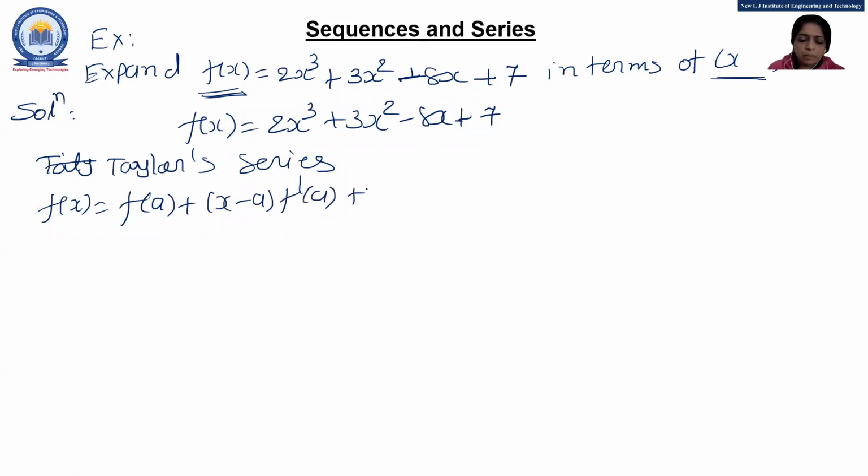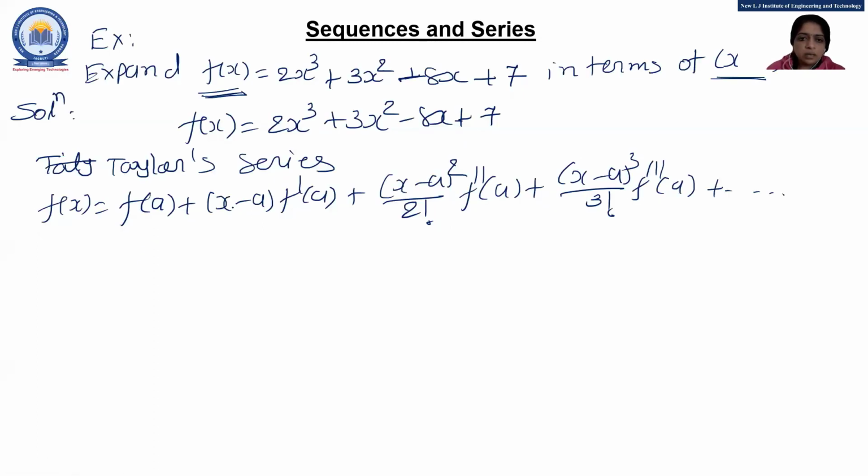Please keep in mind this formula, it is really very important. Plus x minus a whole square by 2 factorial f double dash a, plus x minus a whole cube by 3 factorial into f triple dash a, up to so on, right?